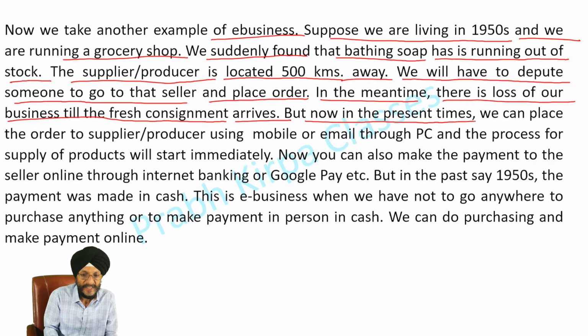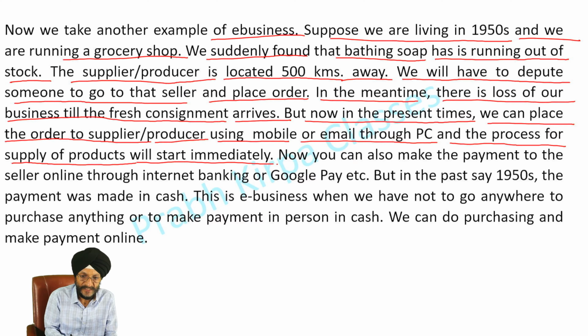But now, in the present times, we can place the order to supplier or producer using mobile or email through PC, and the process for the supply of products will start immediately.